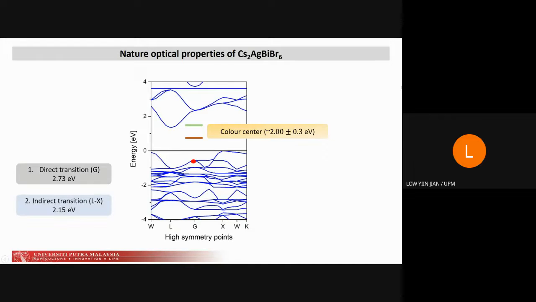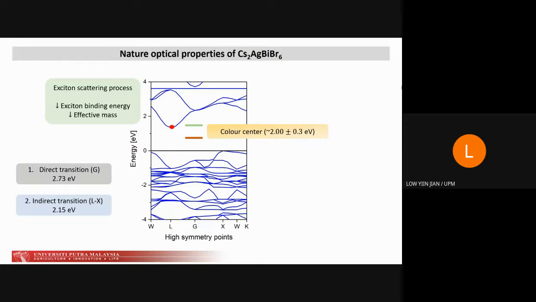And for the indirect allowed transition, an exciton will similarly be generated at the point G. Then the exciton will experience an exciton scattering process in order to lower the exciton binding energy and the effective mass.